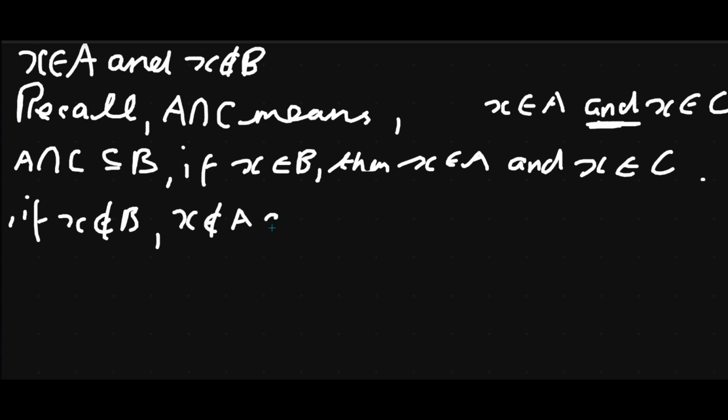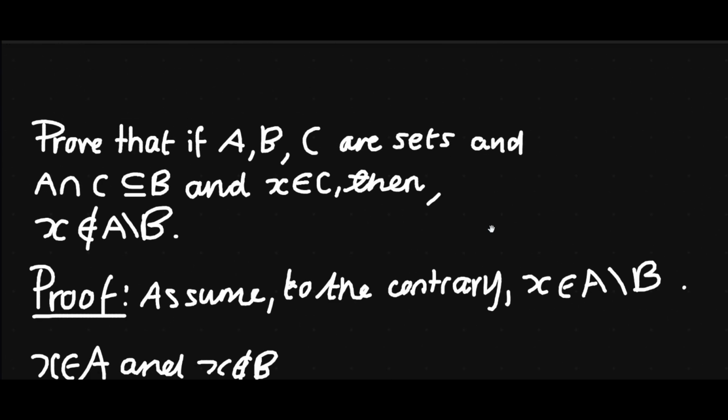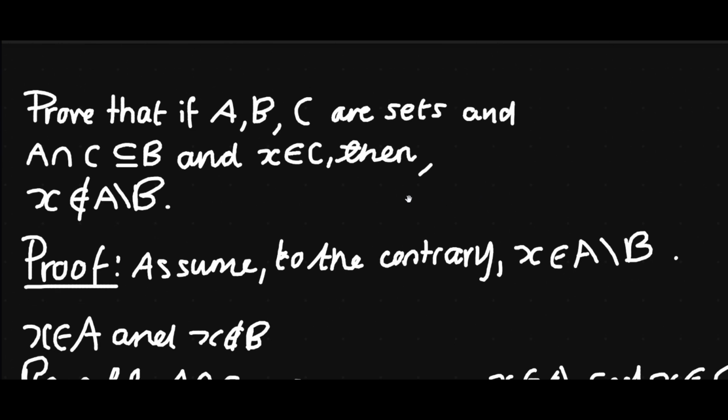And now this 'and' gets changed to an 'or': X isn't in A, or X is not in C. Okay, very nice. Now let's look back at our statement. We have here that X is in C. Okay, this is important. They didn't just put it here for no reason, did they? So we have that X is in C.